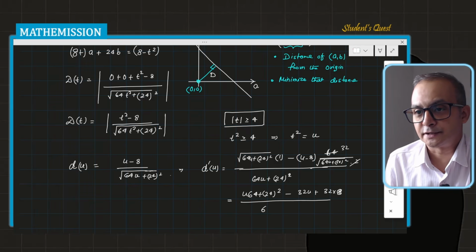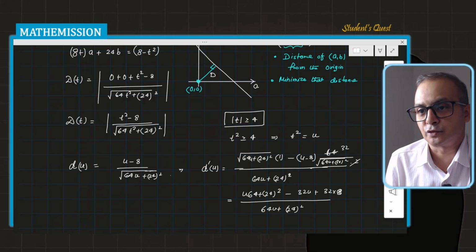Now in the denominator I will get 64u plus 24 squared to the power 3 by 2.